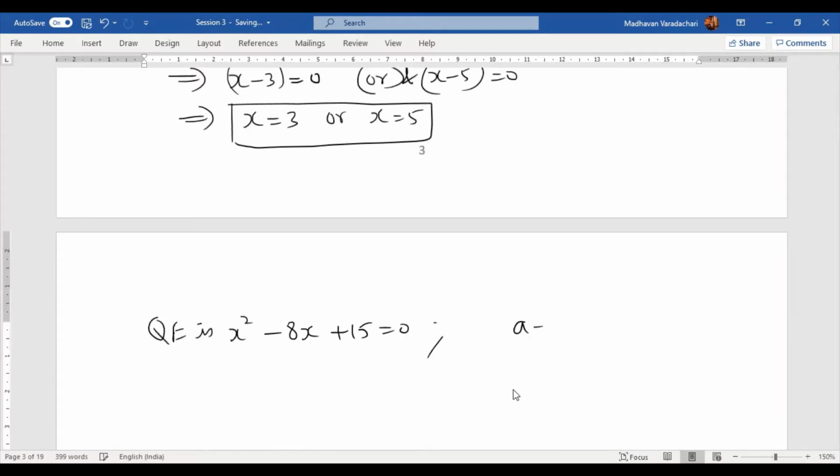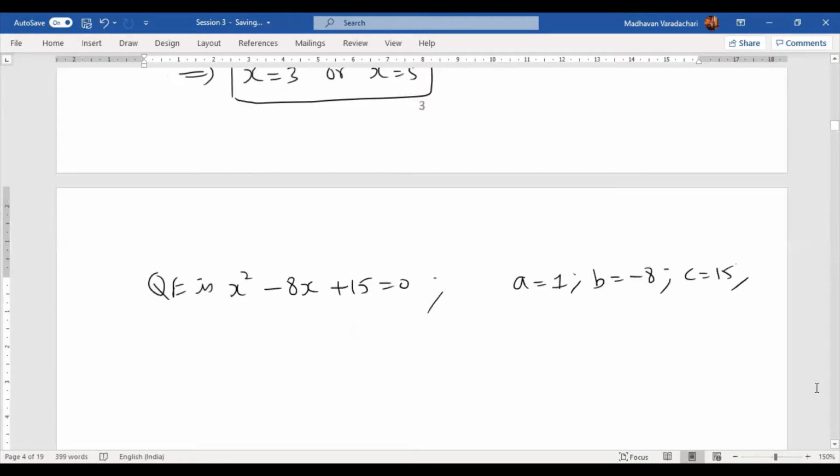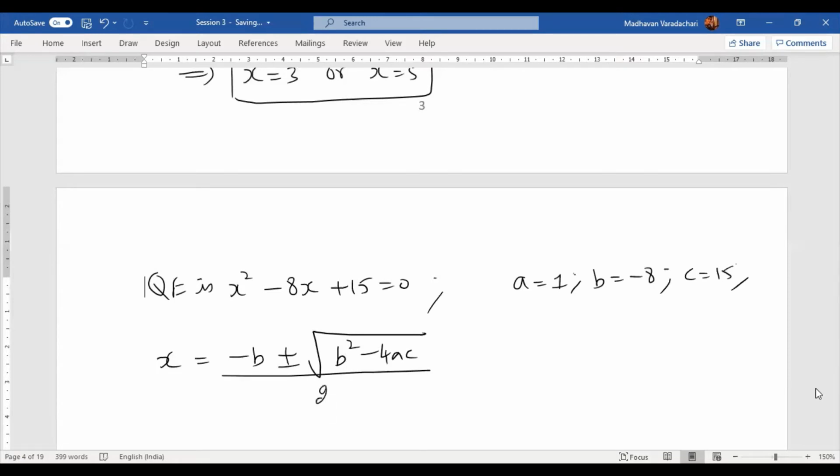Already we identified a as 1, b as -8, and c as 15. Now applying the formula method, we know the formula is x is equal to minus b plus or minus square root of b square minus 4ac, by 2a.